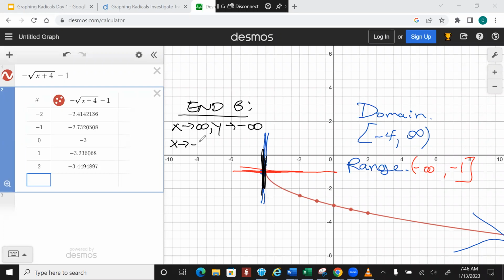So we're going to say as x is approaching -4 from the right, our y values are going to -1. If you got on this and it was a roller coaster, would you be going up or down? Down. That would be the worst roller coaster on the face of this planet, right? So decrease, and we're going to start from -4 to positive infinity.